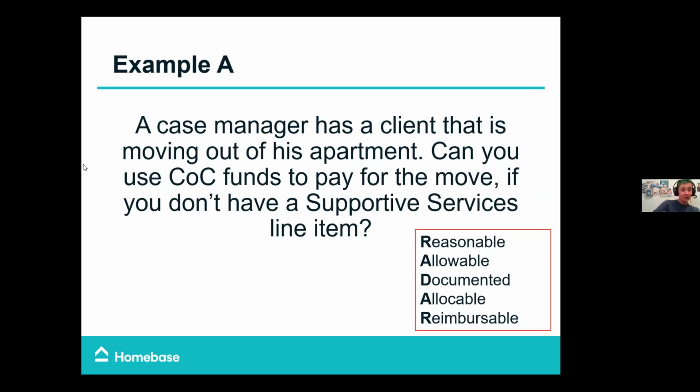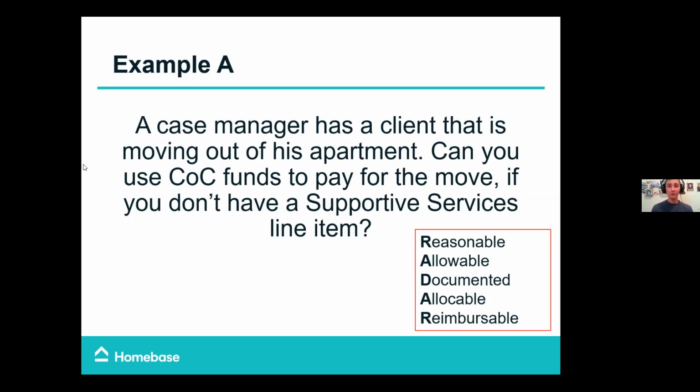And then a question: what would be an example of a staff activity cost that you could use extra rental assistance funds for? So as Monica mentioned, you can use rental assistance funds not just to pay rent and things like security deposits and some amount of damages. You can also use that to cover what HUD calls the staff costs of administering rental assistance.